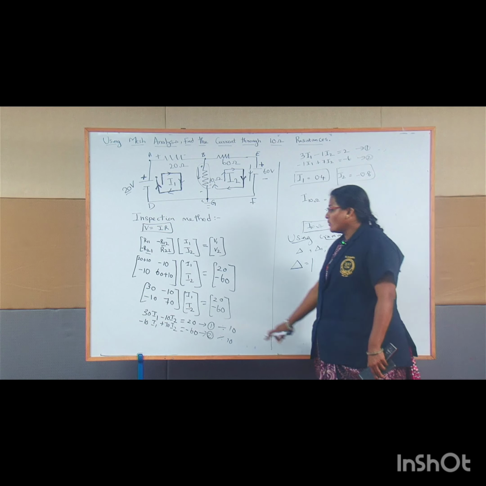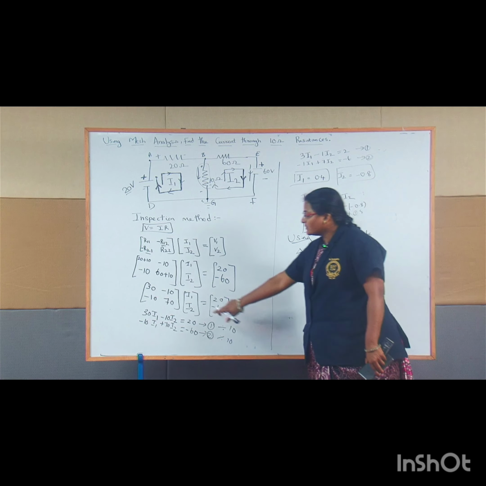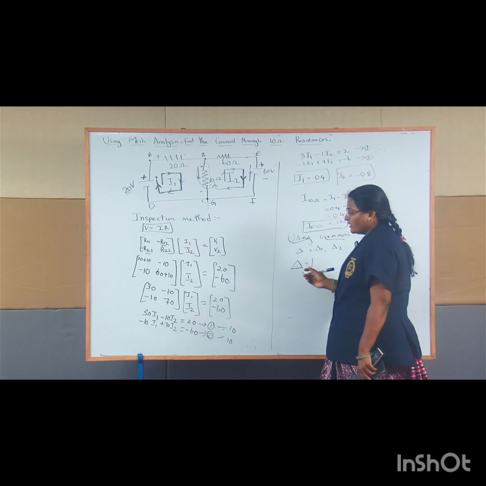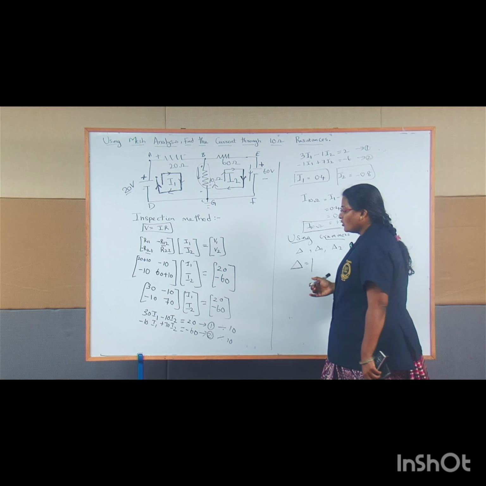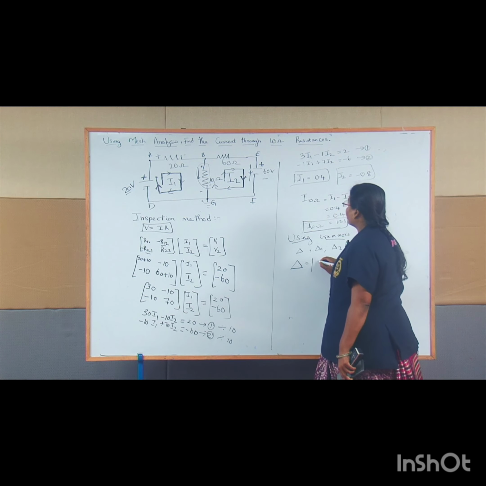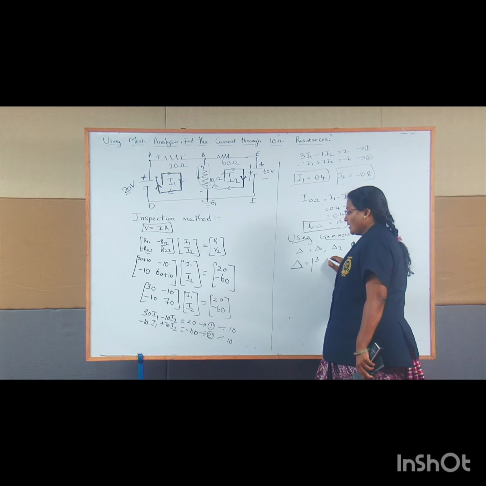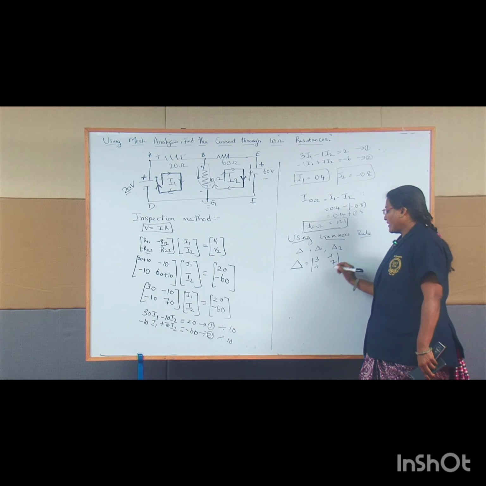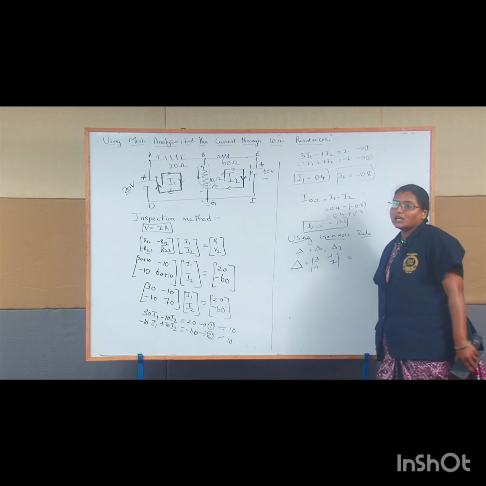you already formed the matrix, so you take this matrix alone for del. It is 30, and you can divide by 10, so it becomes 3, minus 1, minus 1, 7. This is your del matrix, and you have to find its determinant.